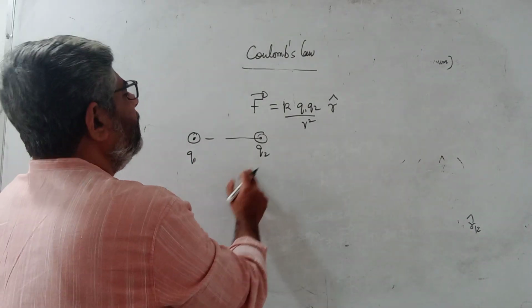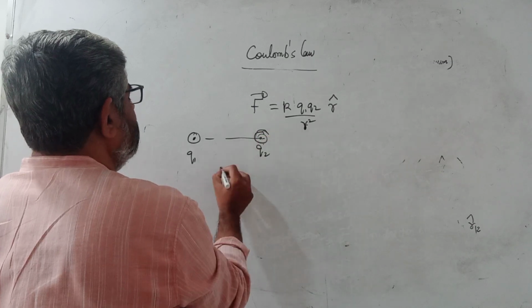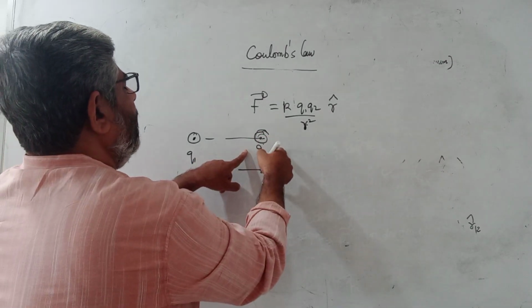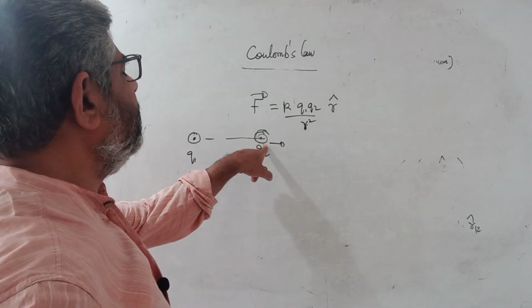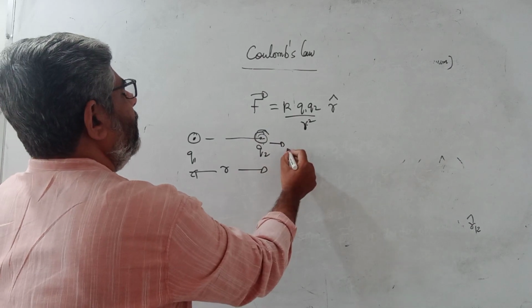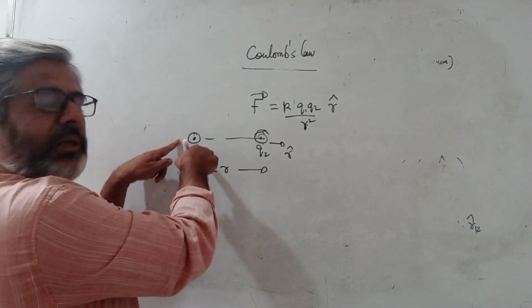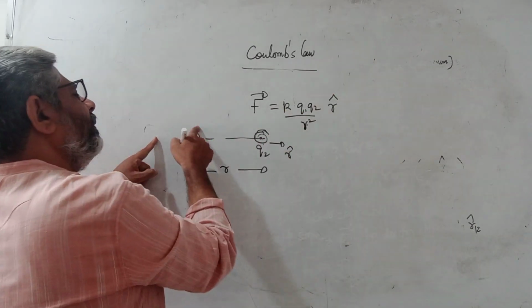Now what it means is that if you want to find the force on this charge because of this, and they are separated by this, so I will define a unit vector R that is in this direction. So if you are finding force on this charge, you can define unit vector in this direction, and if you are finding force on this charge, then you can define R unit vector in this direction.